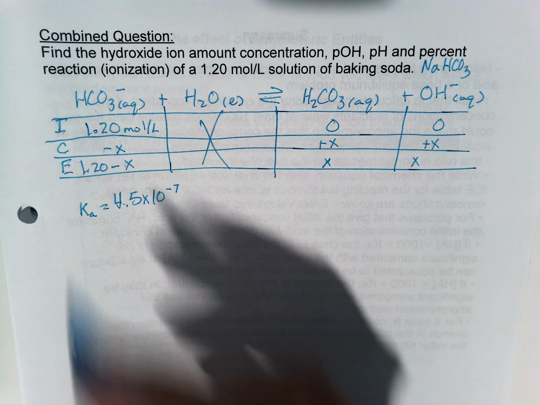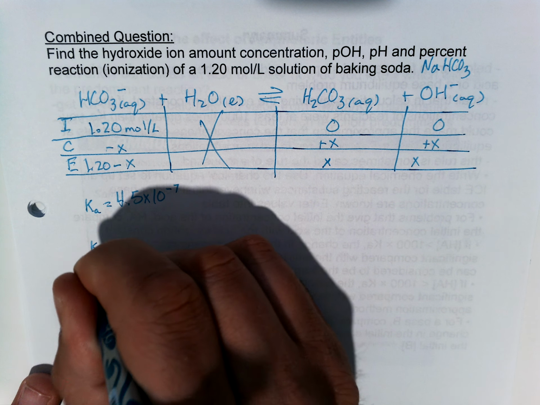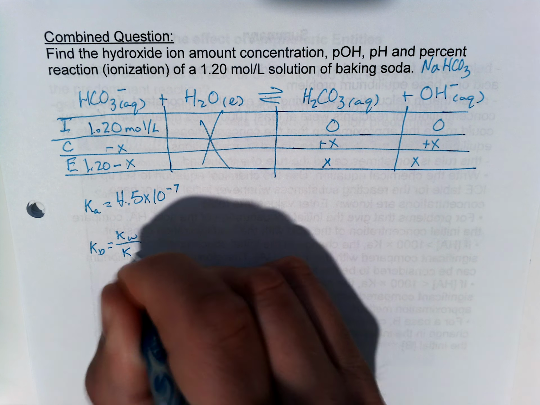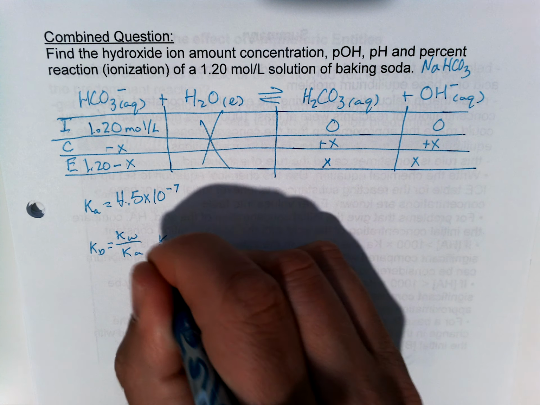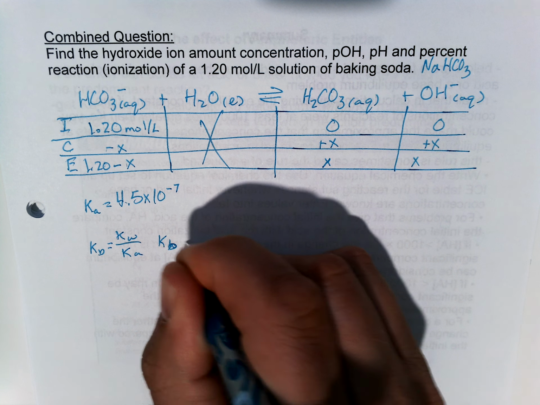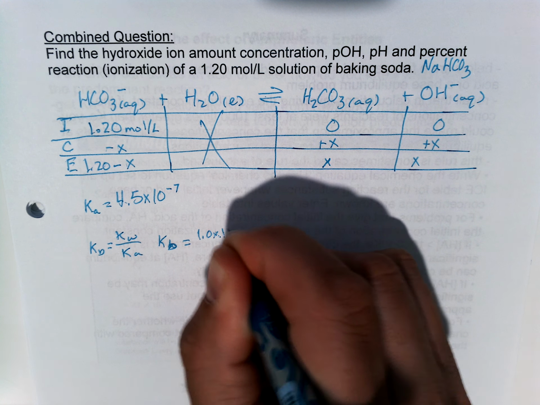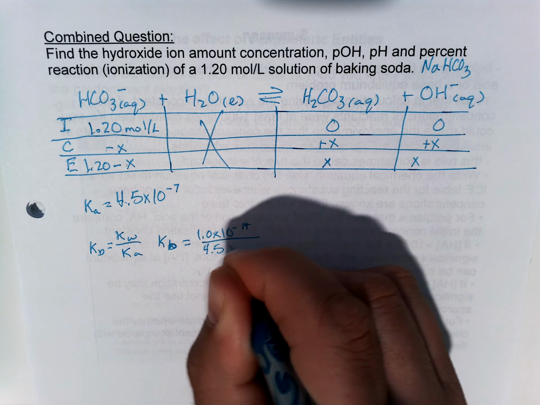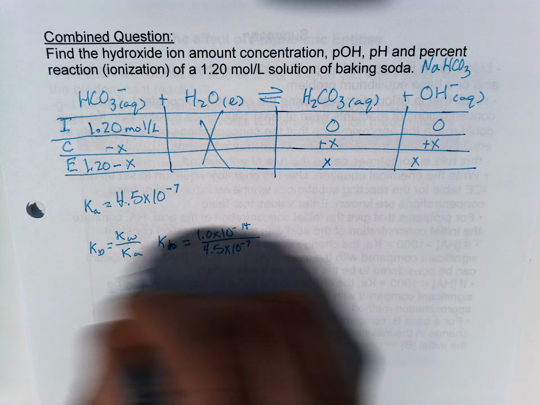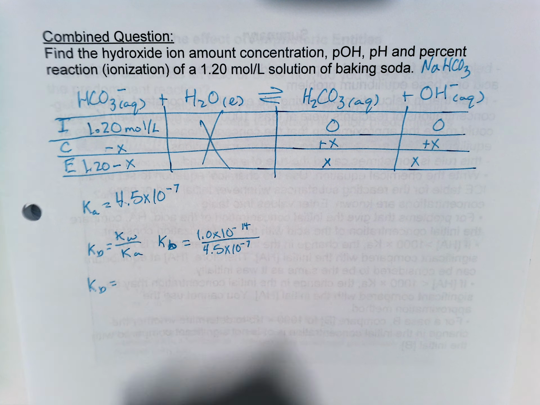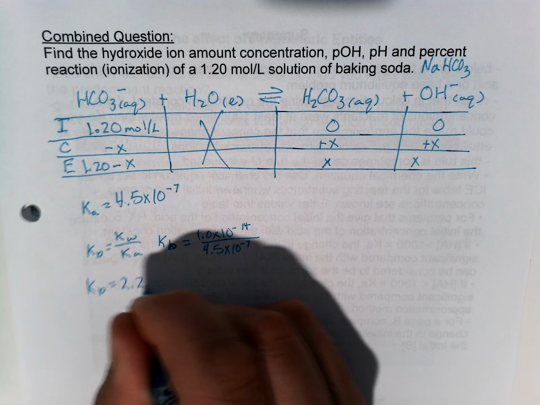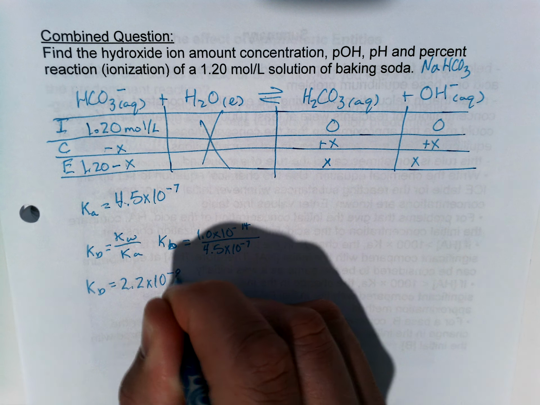Okay, and so we found this, so that means the Kb will equal the Kw divided by our Ka. Okay, put those numbers in. Or sorry, Kb is equal to 1.0 times 10 to the minus 14 divided by 4.5 times 10 to the minus 7. So our Kb for this equation is 2.2 times 10 to the minus 8.